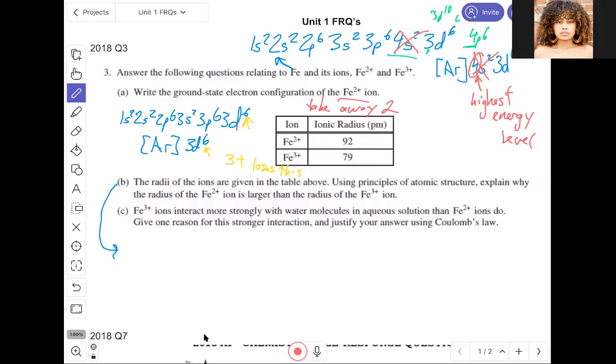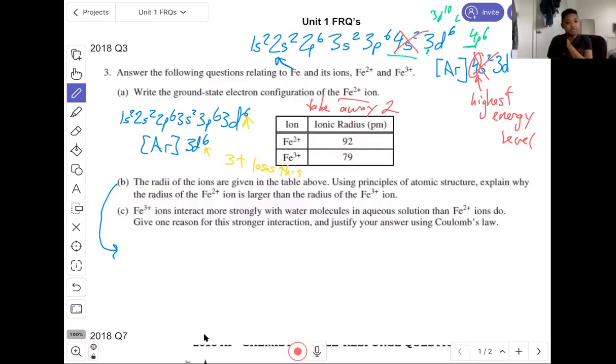Who has more electrons? Fe3+... Fe2+, sorry. Fe2+ has more electrons. Oh, because it takes 2 away as opposed to taking 3 away. Yes, ma'am. Nice, you're right.